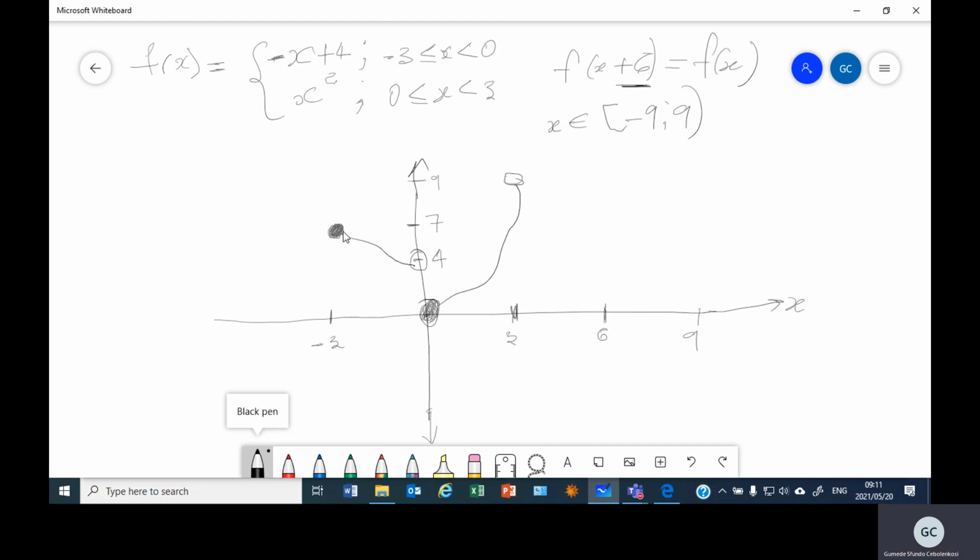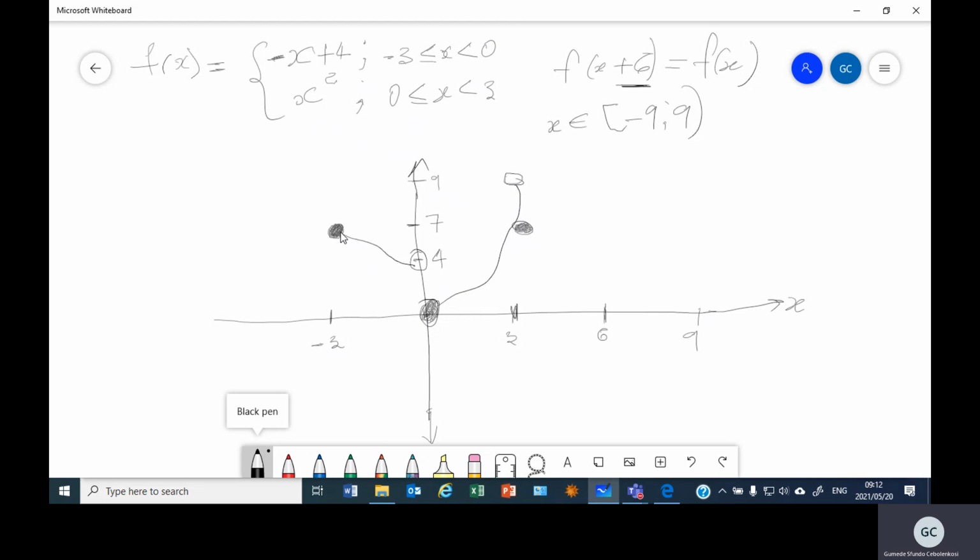So I'm starting with moving the first graph 6 units. So if you are from -3, you want to move this point the same horizontal 6 units, the period. From -3, if you count 6 units, -3 plus 6 is 3. So this 3 should be here.